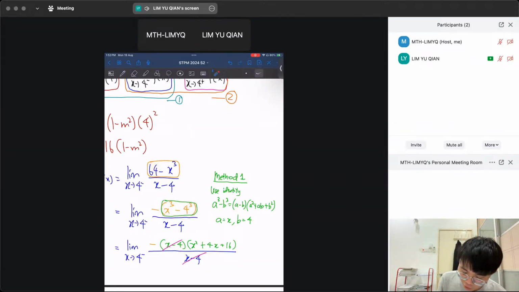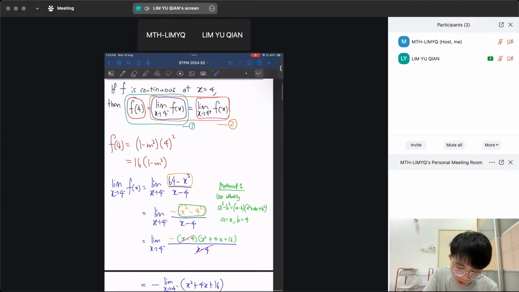Here we can use one useful identity, a cubed minus b cubed. This is not very common, but if you know that, it will be a bit faster. It is (a minus b)(a squared plus ab plus b squared). Then you can cancel the factor and substitute.